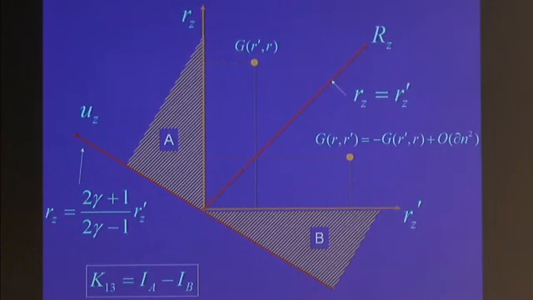So when you change the variable from small r, r prime, to u and capital R, the real integration range must be this segment of the space.